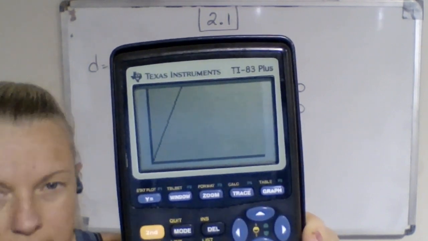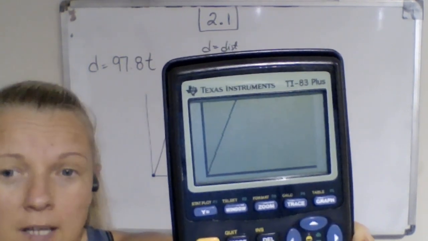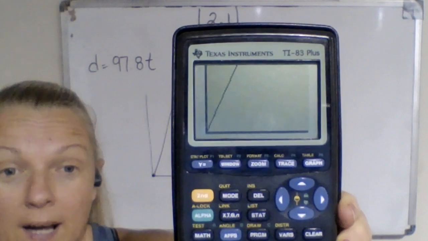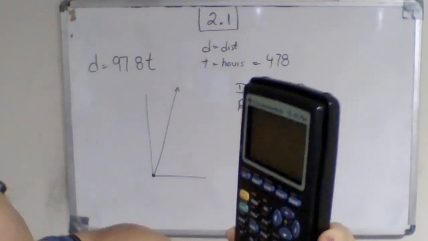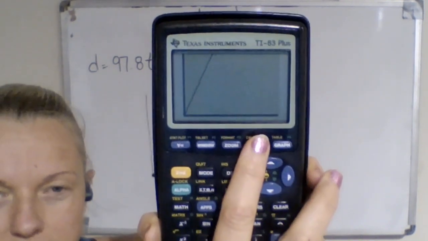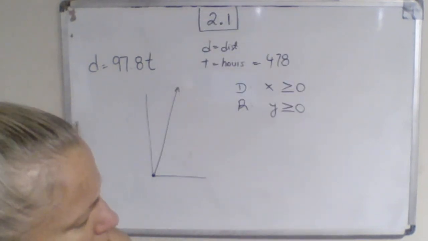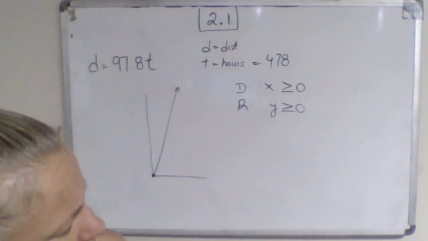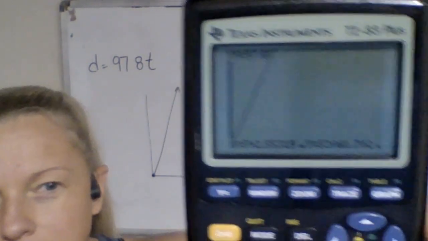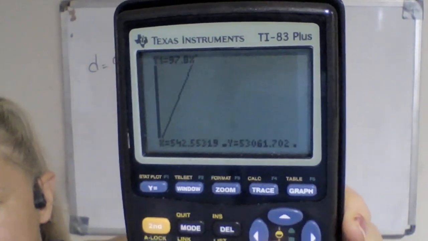This is my graph now. It's the same graph, but now my y is longer. I need to find out what is x when y is 20,000. So I'm going to hit trace. Okay, I have a dot over there, and I'm going to start moving it so you can see where it is. My y right now is huge. It's 50,000 something, right? I need to bring it down.